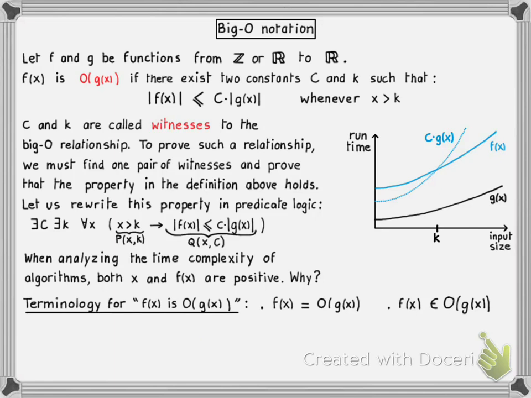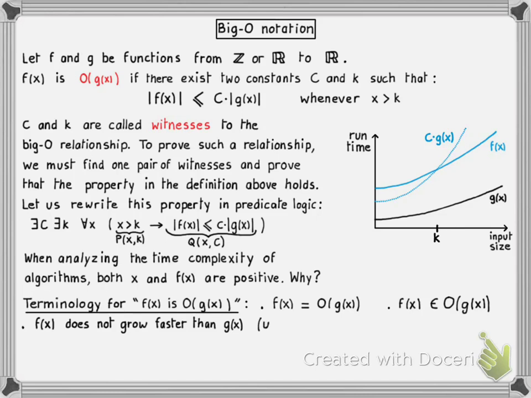Now, these three common notations are really mathematical. Sometimes you just want to state the relationship in a more informal way, and let me mention three different ways of doing that. The first one is to say that f of x does not grow faster than g of x. This is pretty much understood by looking at the graph of the functions. Remember, the whole point of the relationship is to state that f of x is always below g of x. Now, of course, that's only true after you multiply by a constant c.